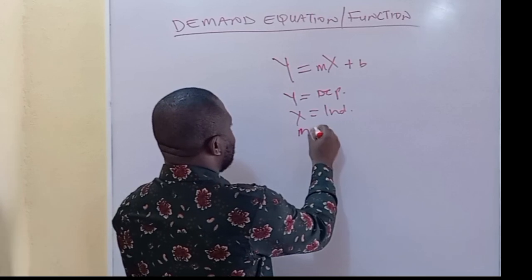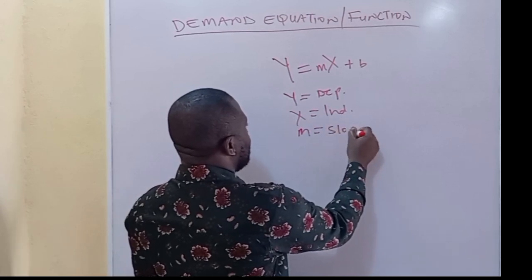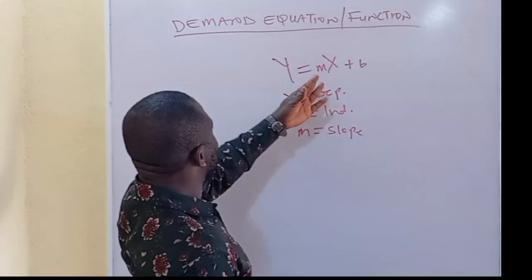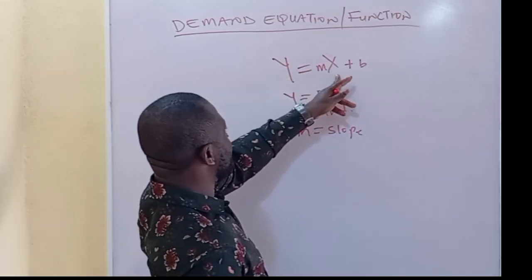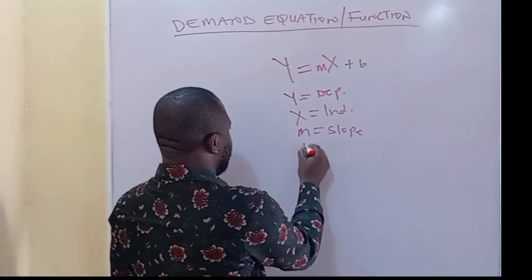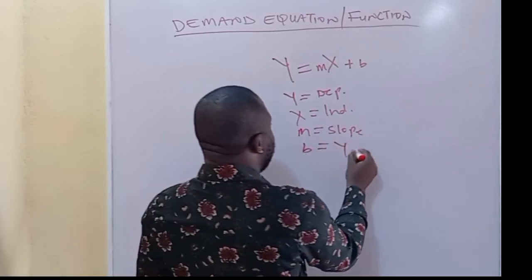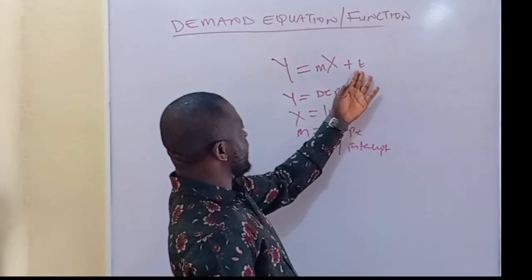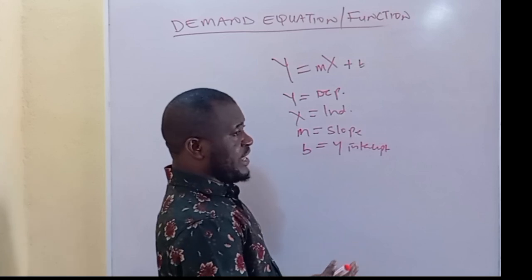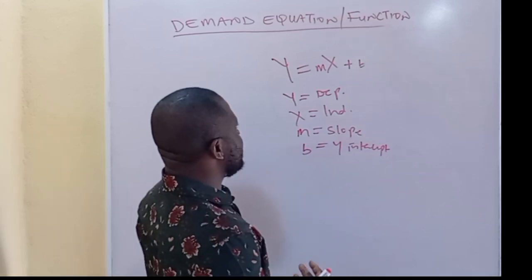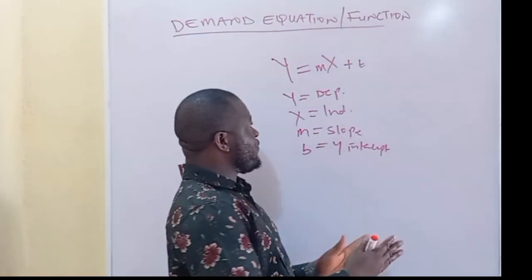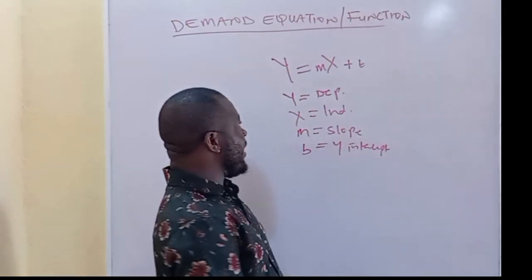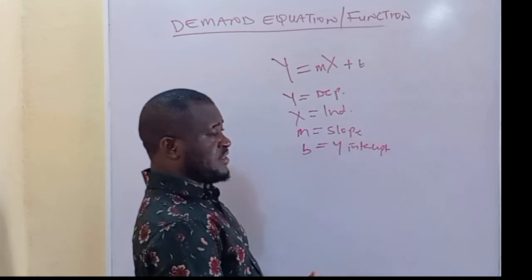M is the slope, which shows us how y changes as a result of a unit change in x, while b is known as the y-intercept. The intercept shows us the point on the graph where the straight line crosses the y-axis.